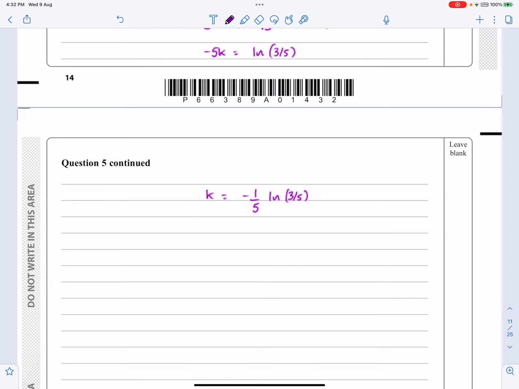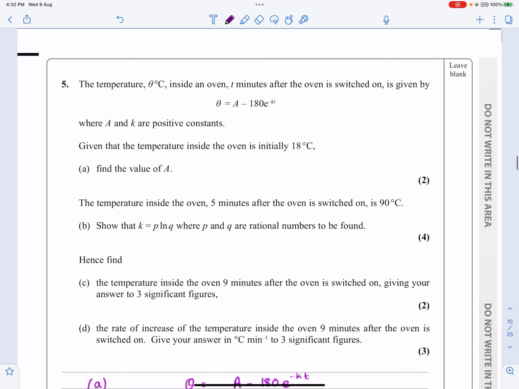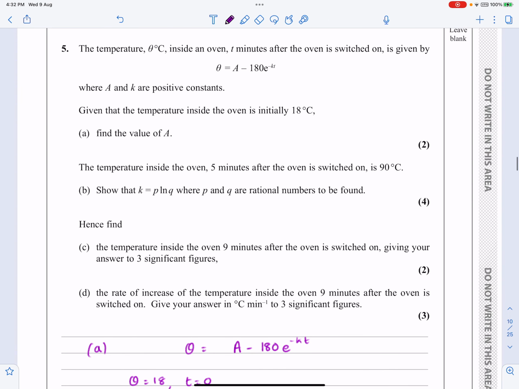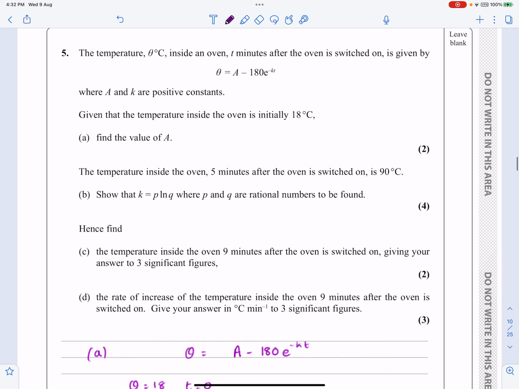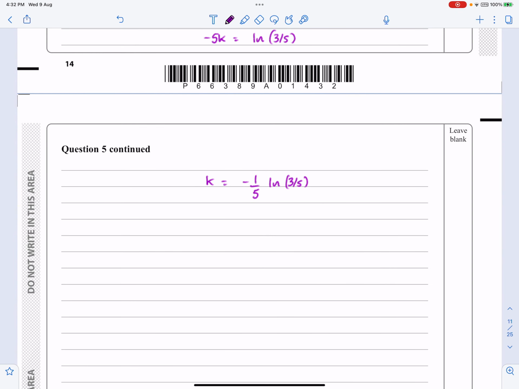And if we then go back and look at what they asked us to have, they said in the question that k is a positive constant here. And if I want it in this format, k equals p log q, what I just need to do, and I've done this on previous questions, go back and look at my other exponential and log questions, you'll see this technique used before.